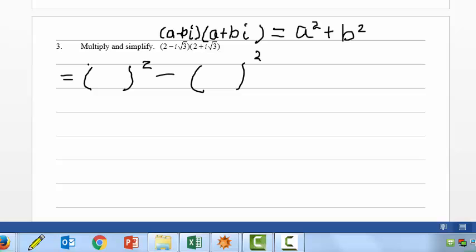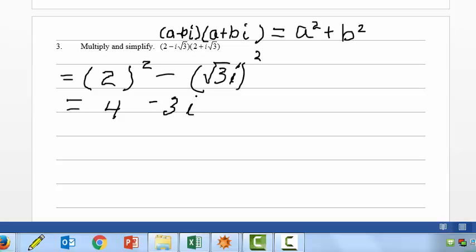But a in this case, so the real part is my a of the complex number, that's 2. And the imaginary part is the coefficient of i, and notice that's the square root of 3. So this is 4 minus square root of 3i squared. The square root of 3 squared is just 3.